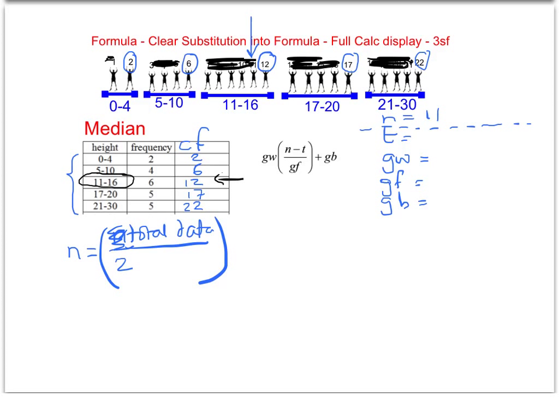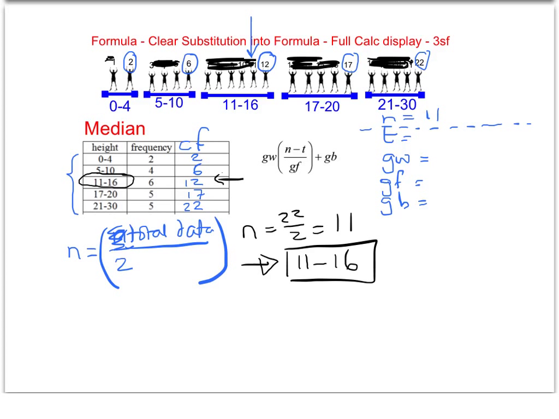So far what have we done? We've said n is 22 divided by 2, which is 11. Not 1, 11. And that has meant that we've identified, by looking down the cumulative frequency, the group 11 to 16. Now t is the total amount of people who are smaller than the group we're interested in, before the group. So all these people here. Here's the group we're interested in, 11 to 16.